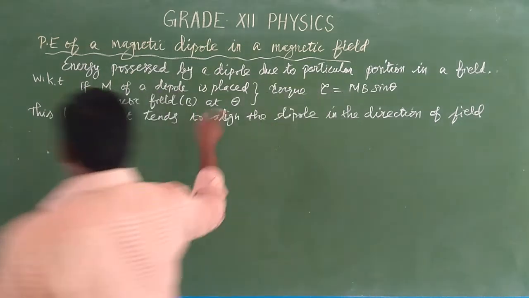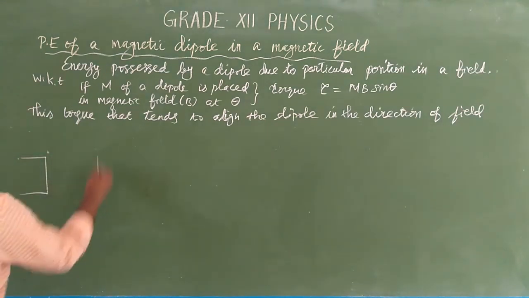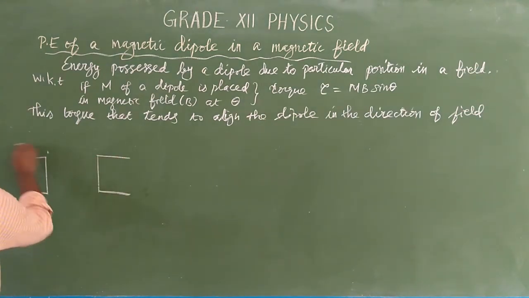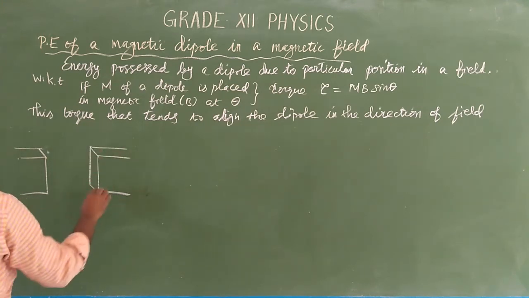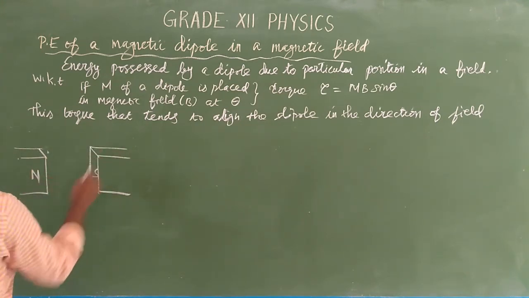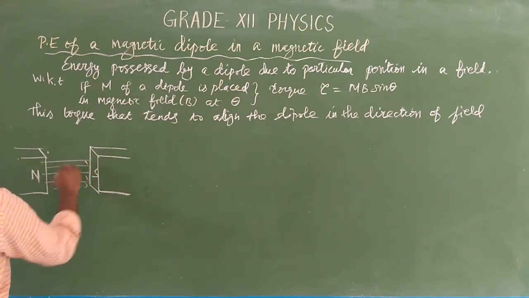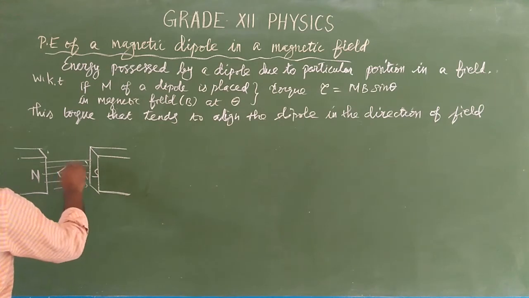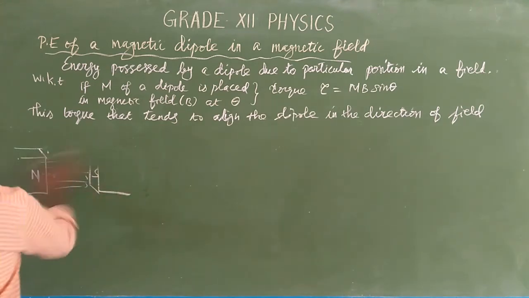So work has to be done in rotating this dipole in a magnetic field. This is the external magnetic field, with north and south poles. In the external magnetic field we are placing a dipole, and it experiences equal and opposite forces, so it experiences torque.